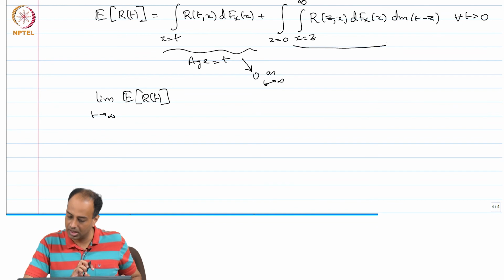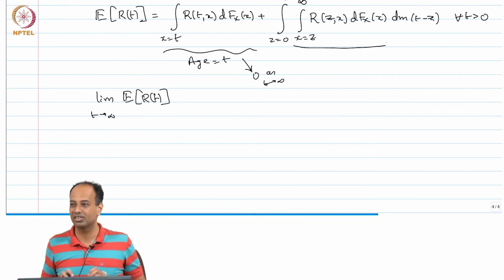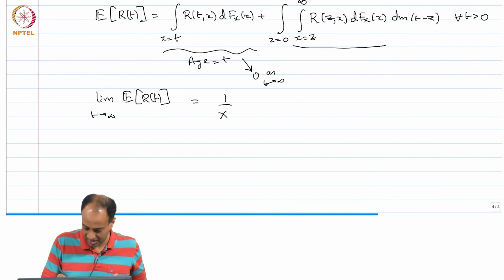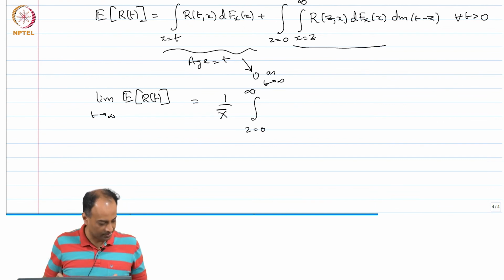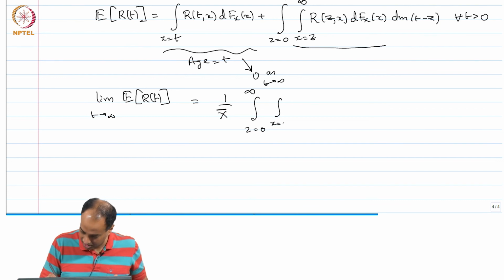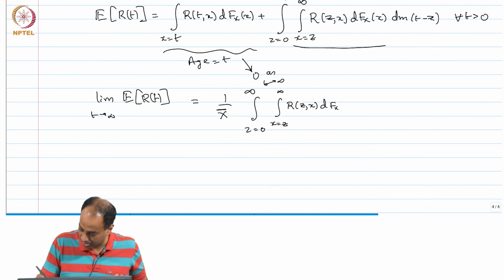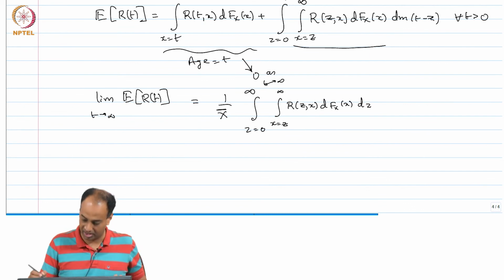this bit is just a function of z. So, if this bit is directly Riemann integrable, then I can use the key renewal theorem, and if that is the case, the first term will go to 0 and I will get 1 over X bar, integral from z equal to 0 to infinity of little r(z) dz, where little r(z) is the integral from x equal to z to infinity of r(z, x) dF_X(x).